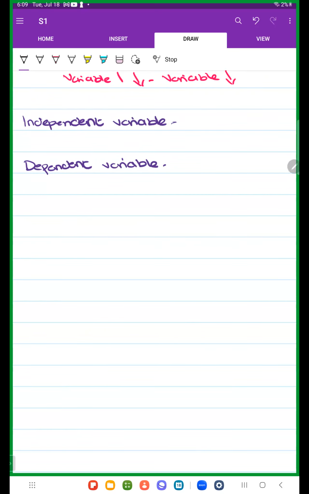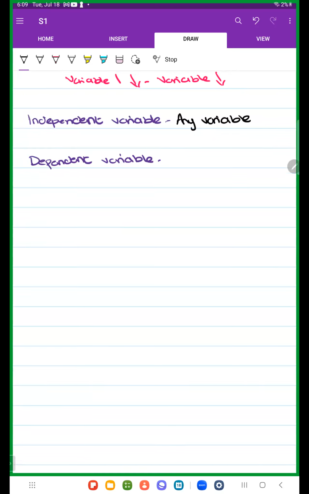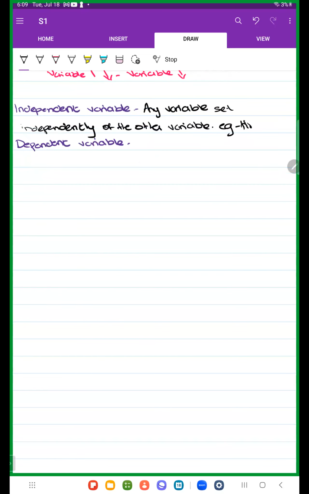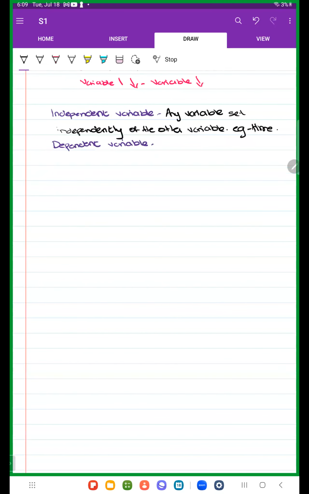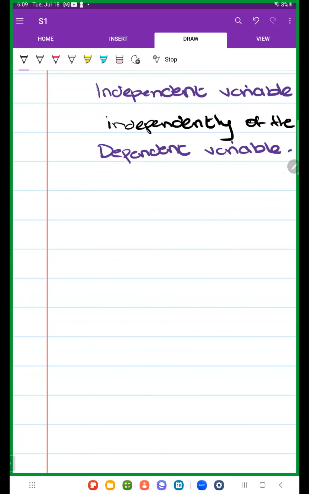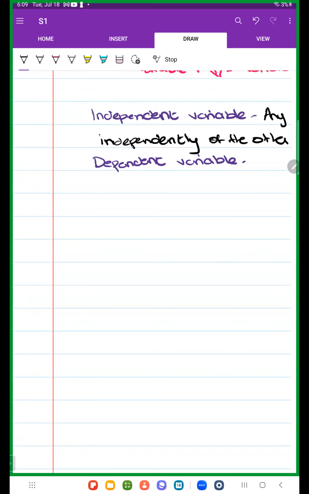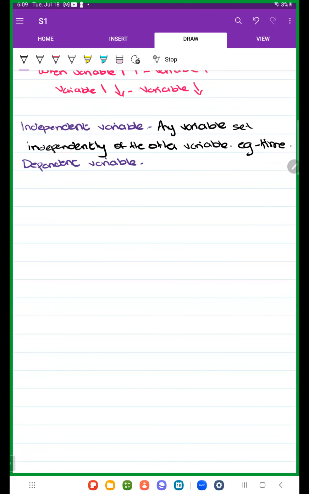It is set independently of the other variable. For example, time. Is time affected by anything? No, right? It works independently. No matter what we are doing, time will go on.